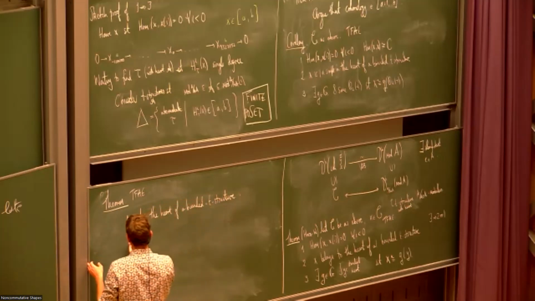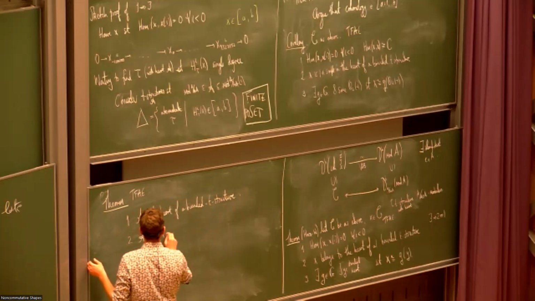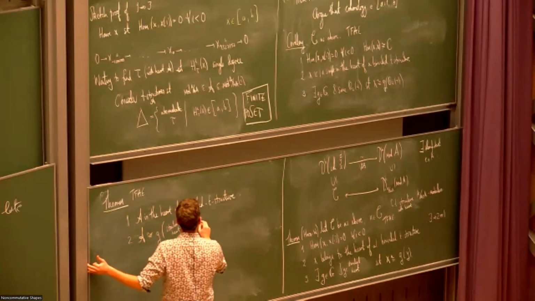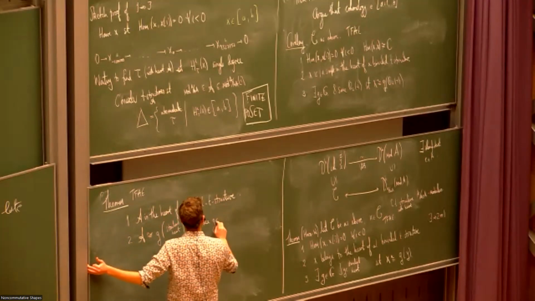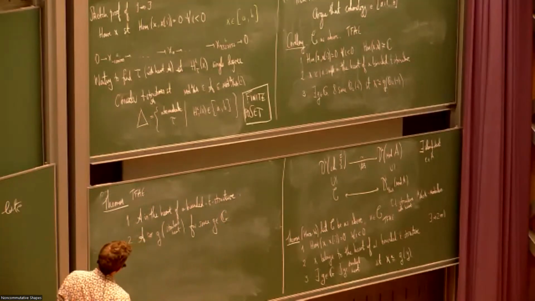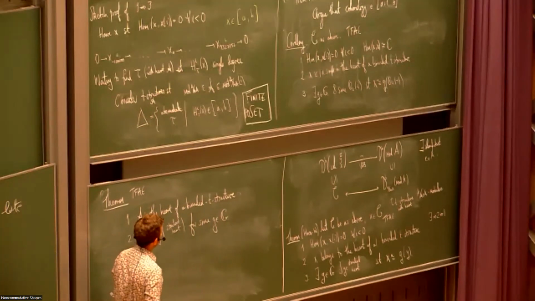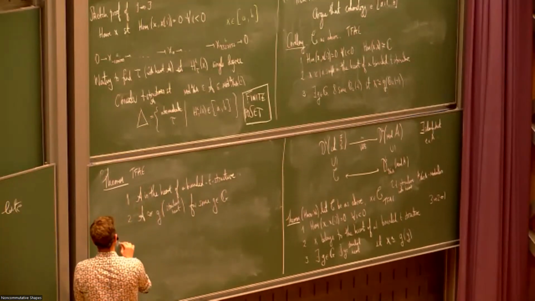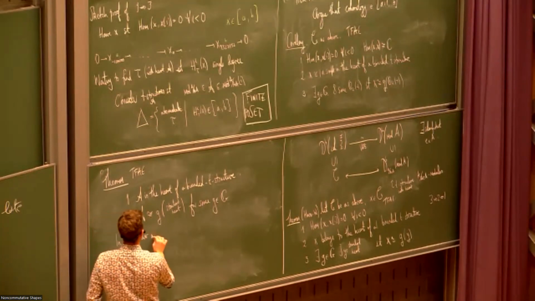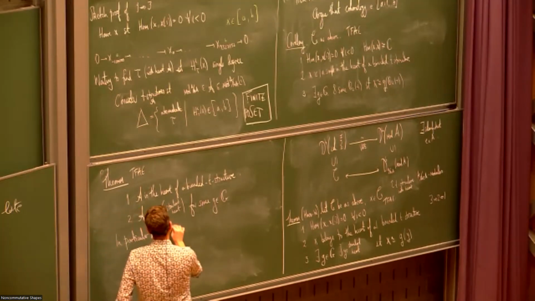And number two is that A is isomorphic to the image of a standard heart for some G in your groupoid. And so in particular, all hearts have finite length.